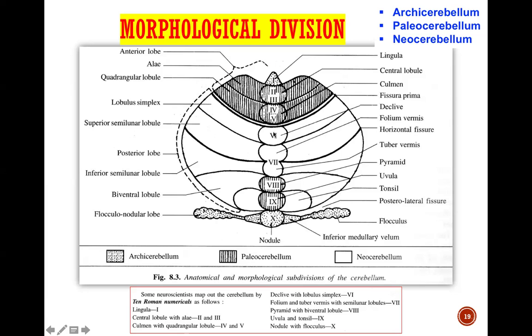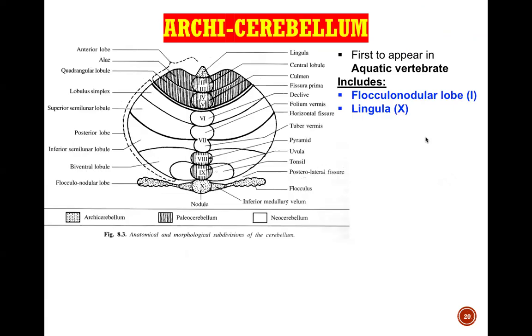We'll discuss what the archicerebellum, paleocerebellum, and neocerebellum mean. The archicerebellum is the first to appear in aquatic vertebrates, such as fish, and it includes the flocculonodular lobe and lingula. I think I made a mistake here in this region.